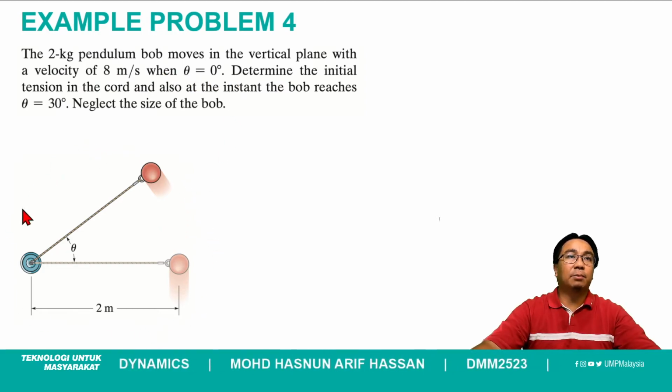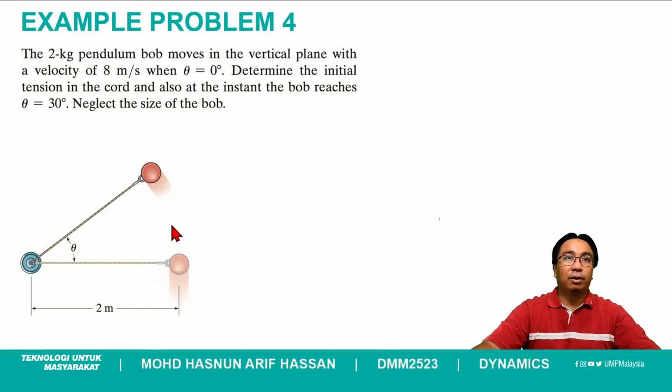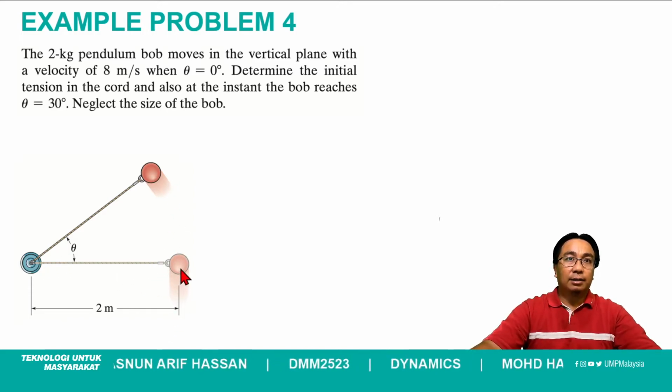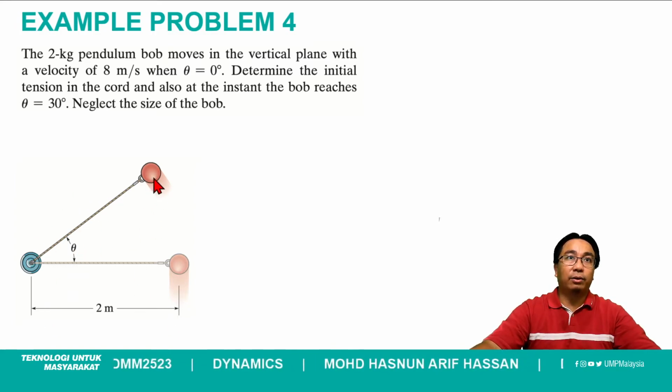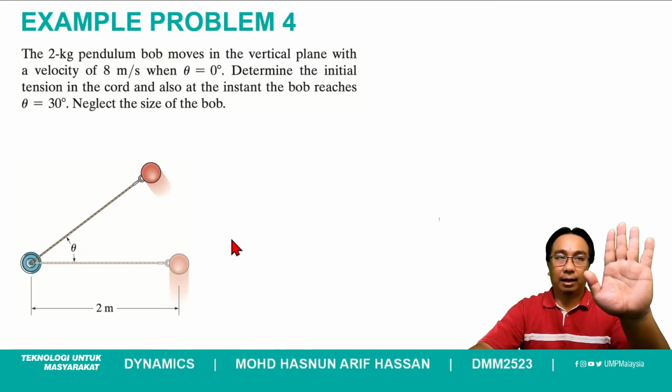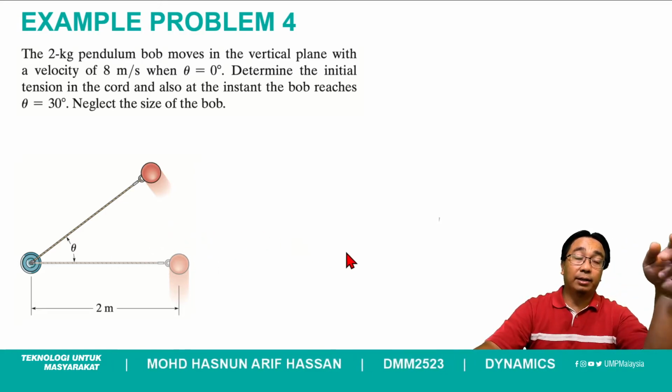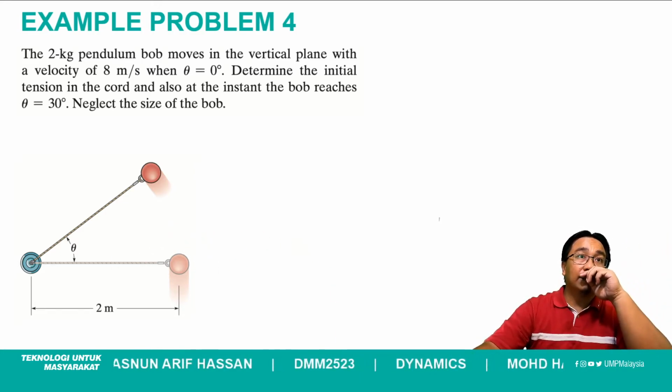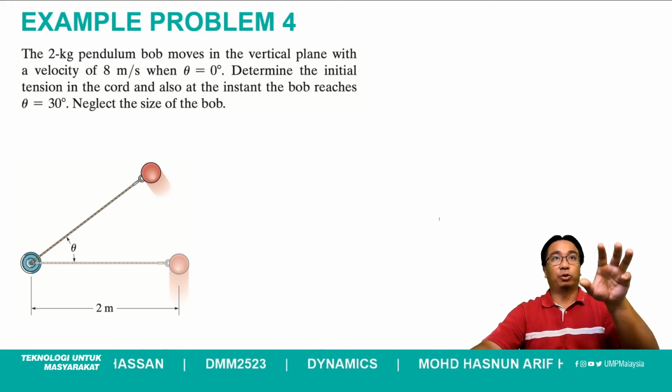This is the same as before, as the one who asked earlier. Vertical plane means that the weight will be acting downwards. We are not looking at it as it is, not from above. Not three-dimensional from the top. Okay, not top view.